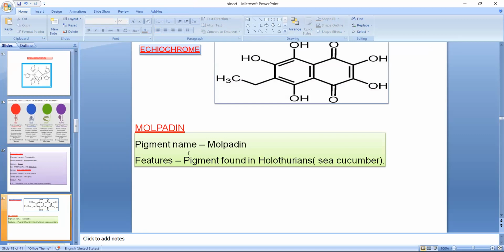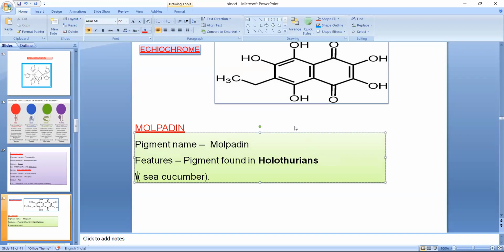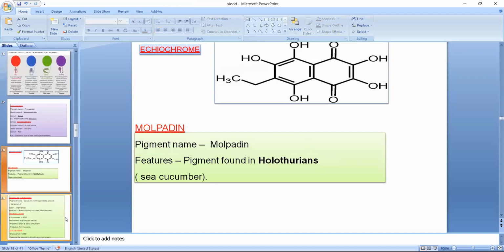Its color is not specified in any book. Anyway, you just remember molybdenum is a pigment that is present exclusively in holothurians, which are generally famous as sea cucumbers. That is another respiratory pigment.